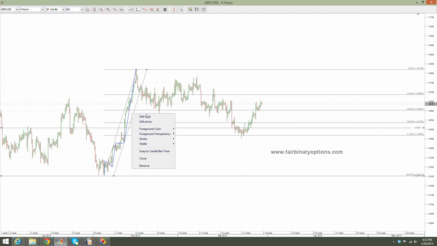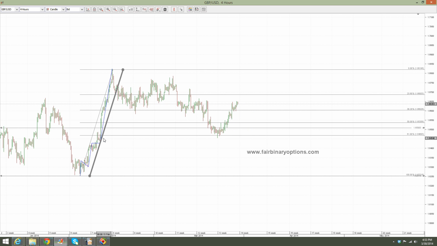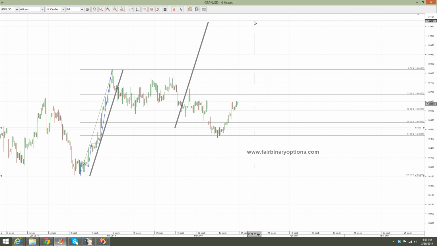Let me change the color for it, like this, clone it, and then try to project it to the upside, but again from that moment of time, and that will give us an area of above 170.